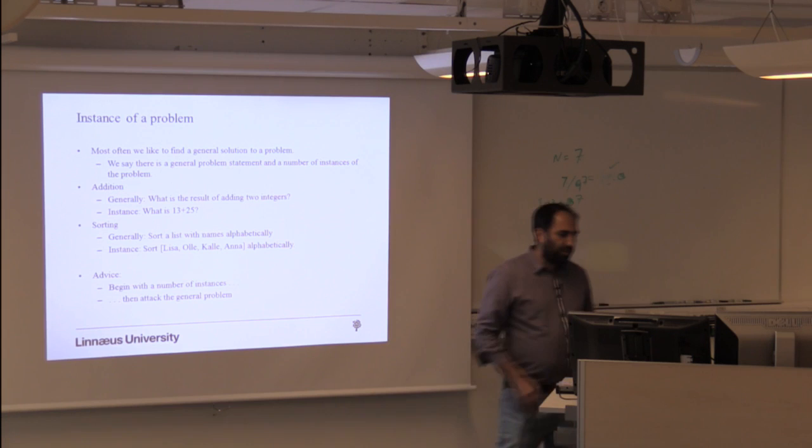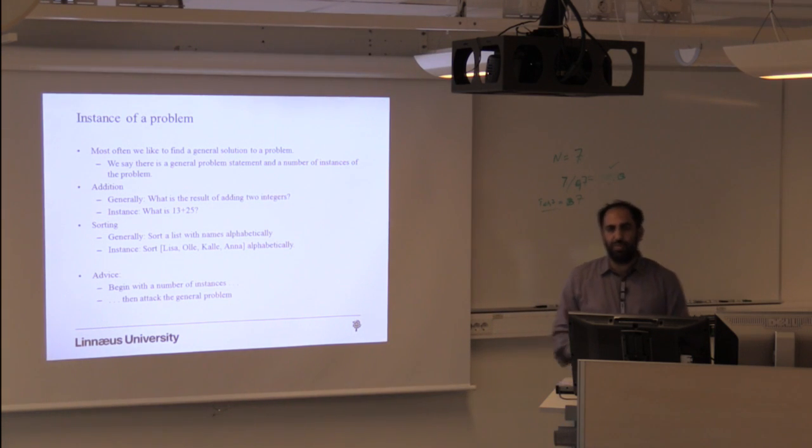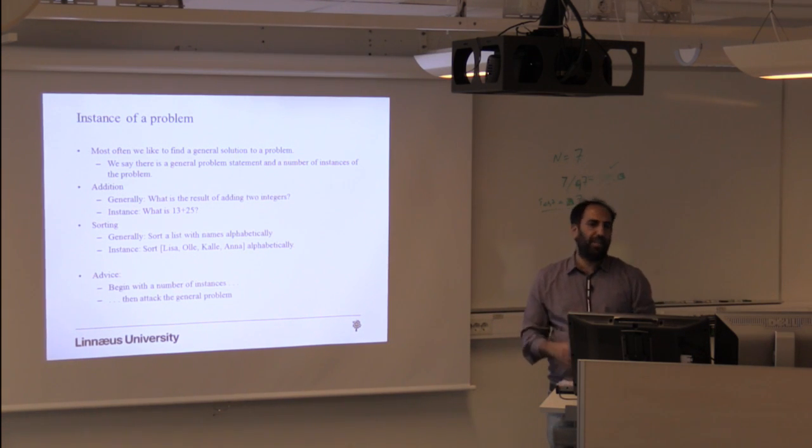So whenever you have a problem, when you are doing this understanding and devising a plan and coming up with the algorithm, it's good to take one example or one instance of a problem and see how that instance looks and what the problems in that instance are.